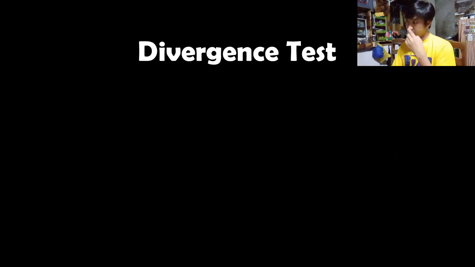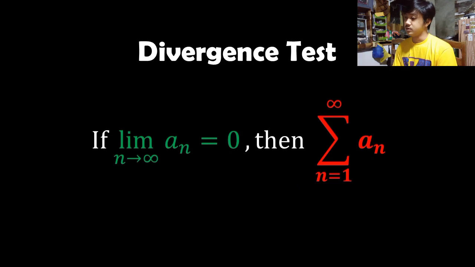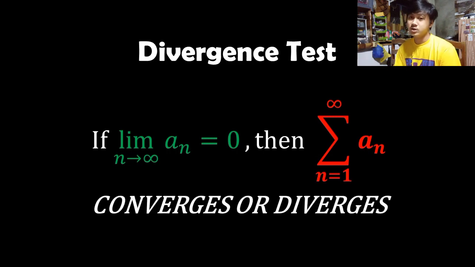Okay, so now another situation. If the limit of a sub n as n approaches infinity is equal to 0, then our infinite series may converge or diverge. So I say that the divergence test cannot test whether a series converges, since it is only a test for divergence.